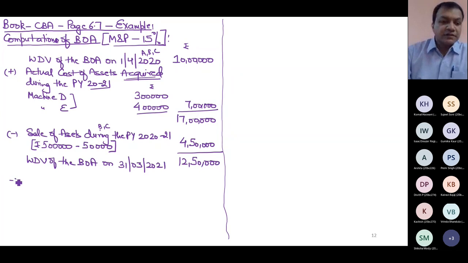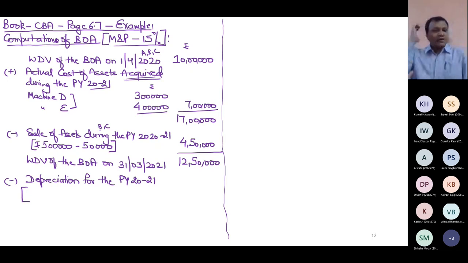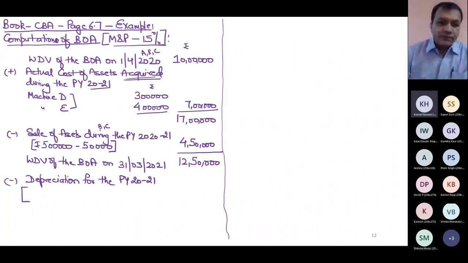How much is depreciation? I need to calculate depreciation first. Can you help me in computing depreciation? How much will be the depreciation for the previous year 2021? Any answer? How will you proceed logically? So we'll first calculate the depreciation on the asset that's been used for less than 180 days at half the percentage.